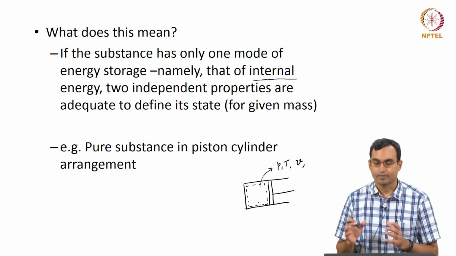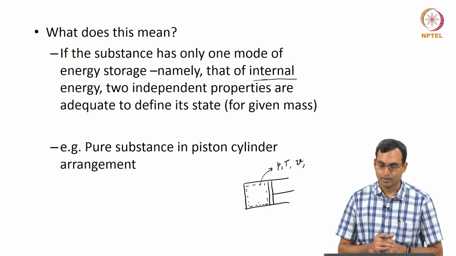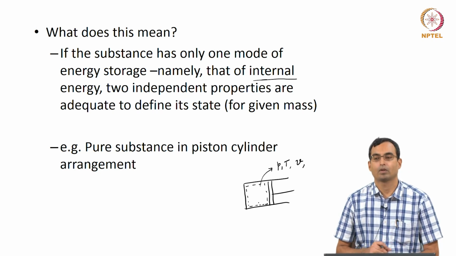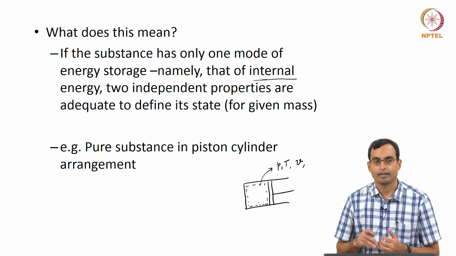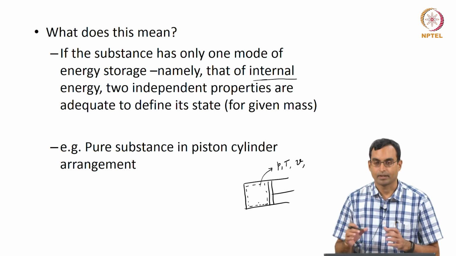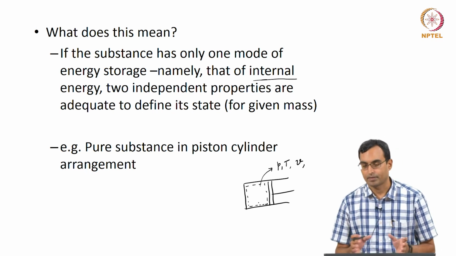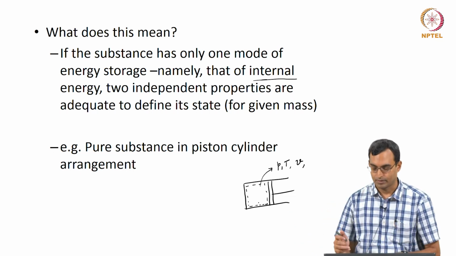So, that kind of a substance is what we call a pure substance, and we are often going to look at what we call a simple compressible system, which is a system where electric magnetic forces and so on are missing, where the system is at rest, so that we do not have to worry about the kinetic energy of the system itself, and we do not have to worry about changes in potential energy either.